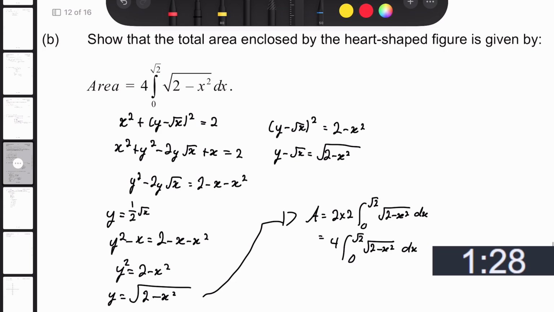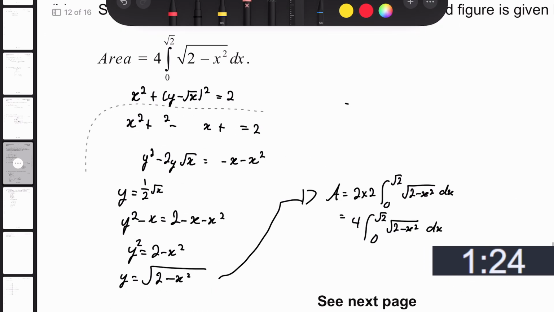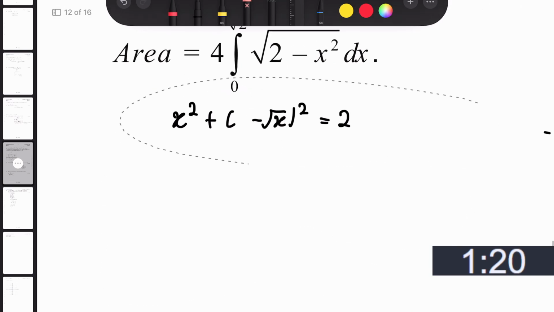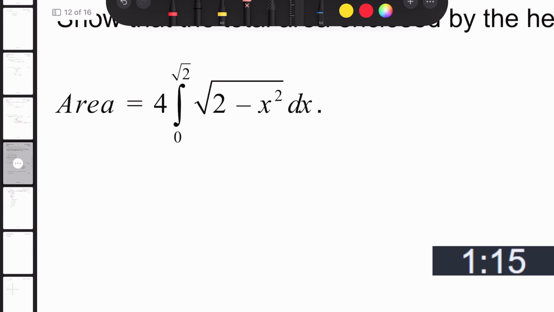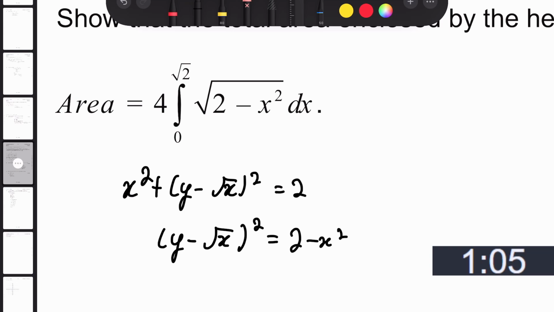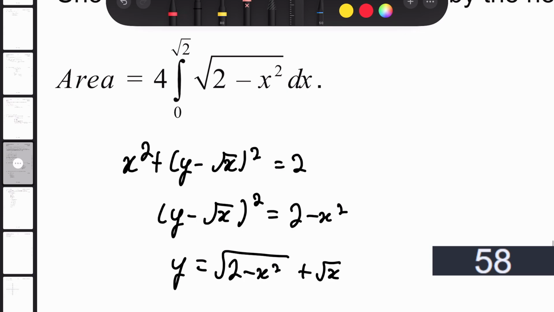Oh yes, it's that. Okay, so area. So I have x squared plus y minus square root of x squared is equal to 2. Y minus square root of x squared is equal to 2 minus x squared. So y is equal to square root of 2 minus x squared plus square root of x.